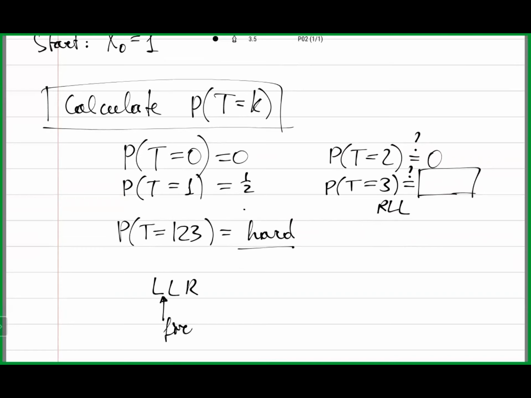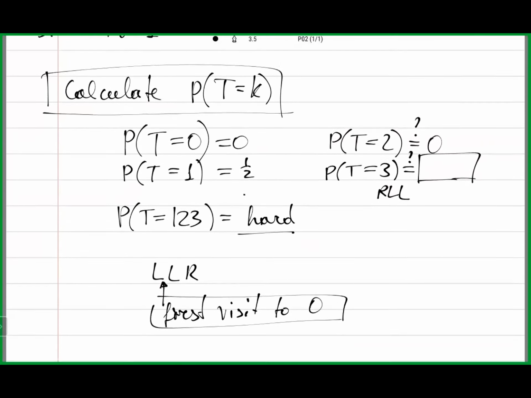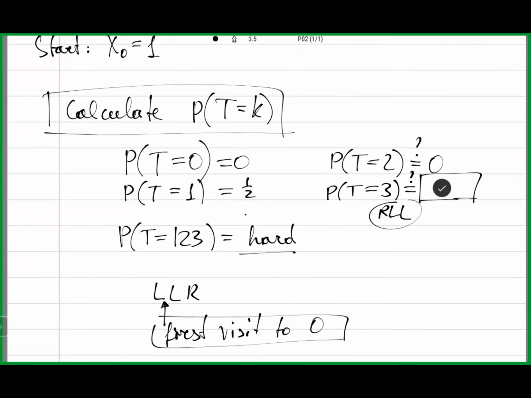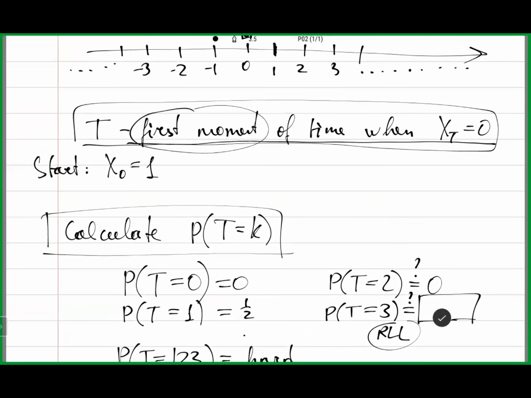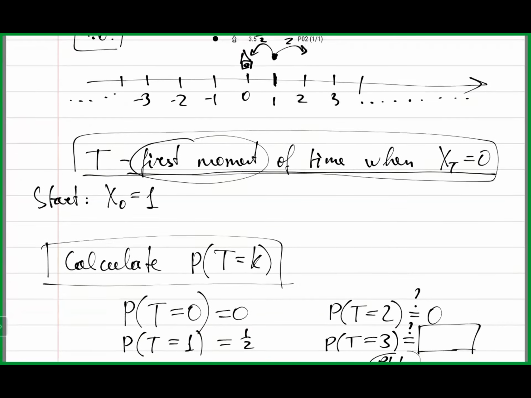First visit to 0. Then it's not a half. Yeah, the only possible sequence of moves should start with right, left, left.